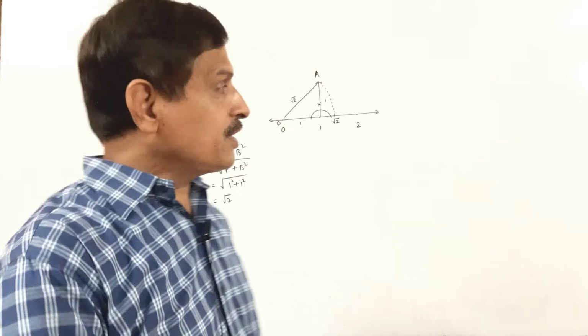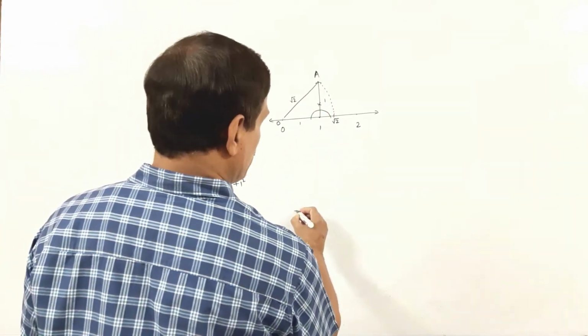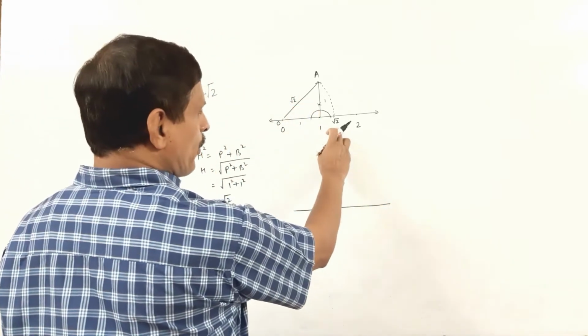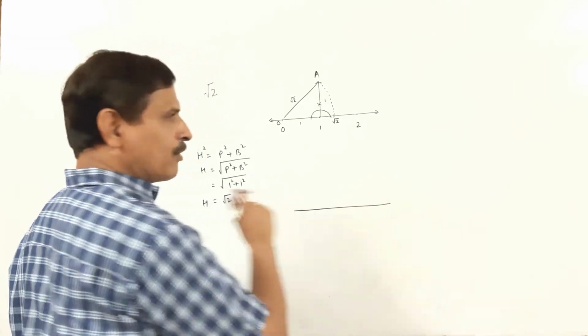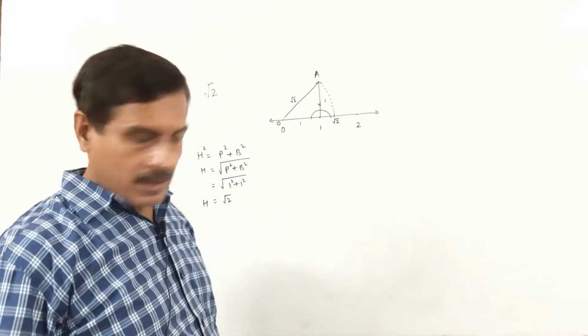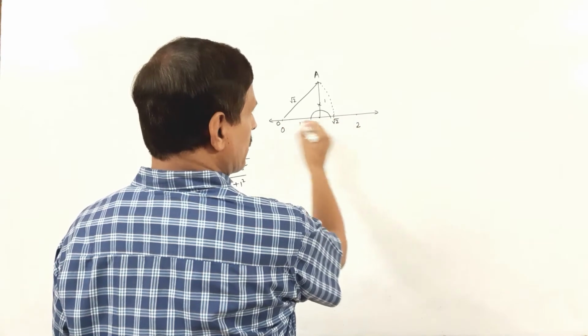Now to represent root 3, the first step, we will obtain a point on the number line that is equal to root 2, and then at this point we draw a perpendicular to the number line.